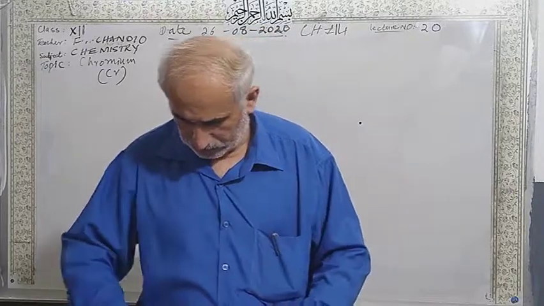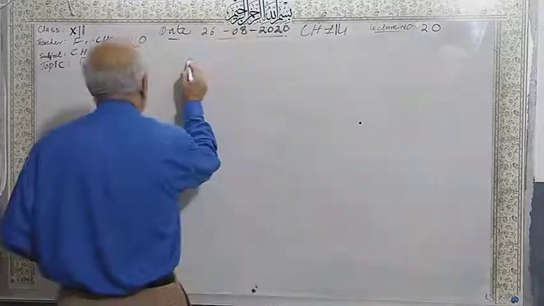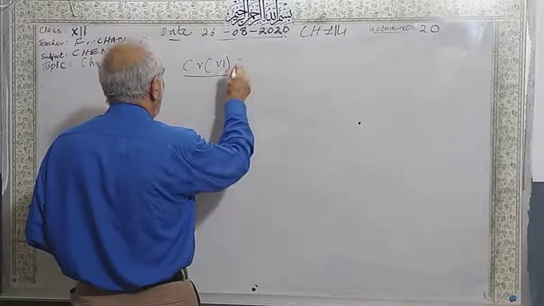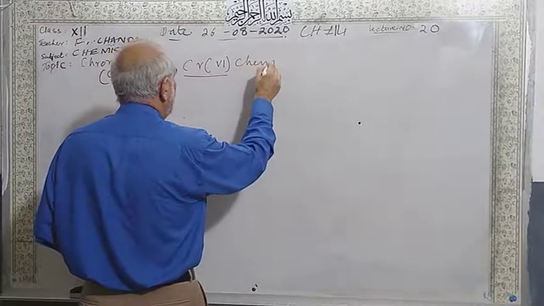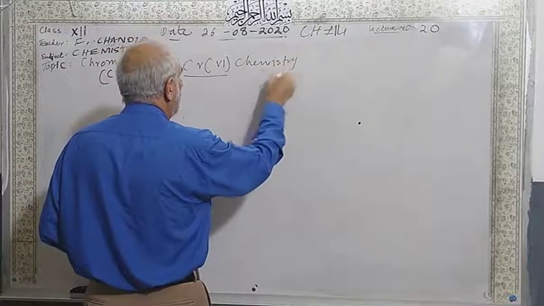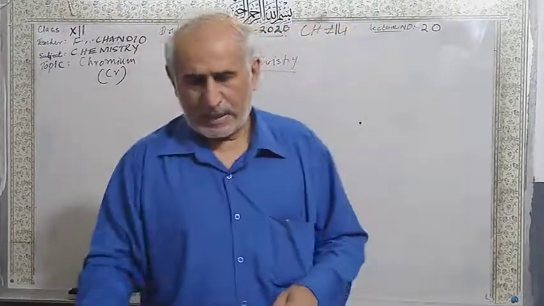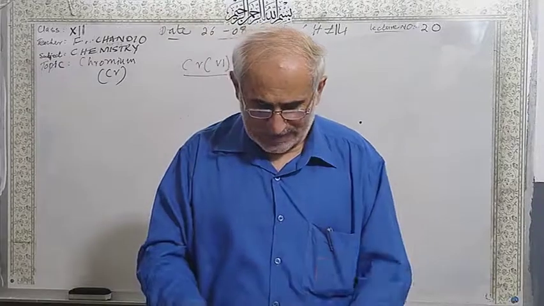Chromium 6 chemistry. The oxidation number of chromium is 6.